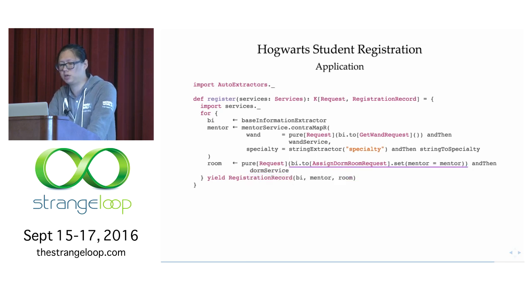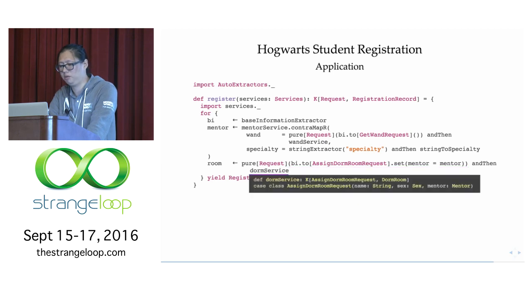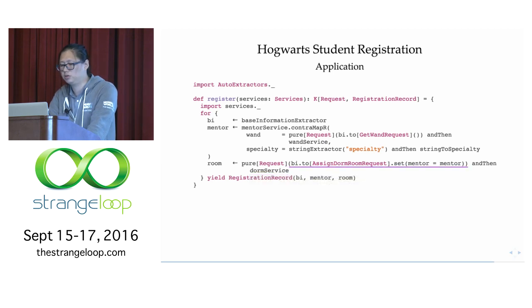We want to convert a basic information into an AssignDormRequest, which has both name and sex, but not mentor. To convert that, we have to provide mentor, so we can call bi.to[AssignDormRequest] and call set mentor equals to mentor. Now we get an AssignDormRequest out.